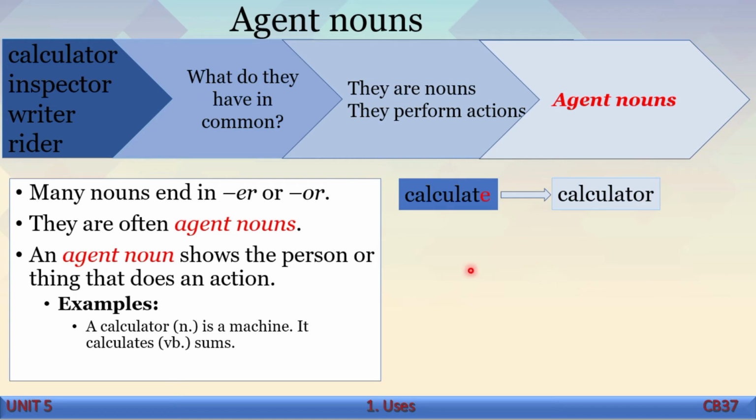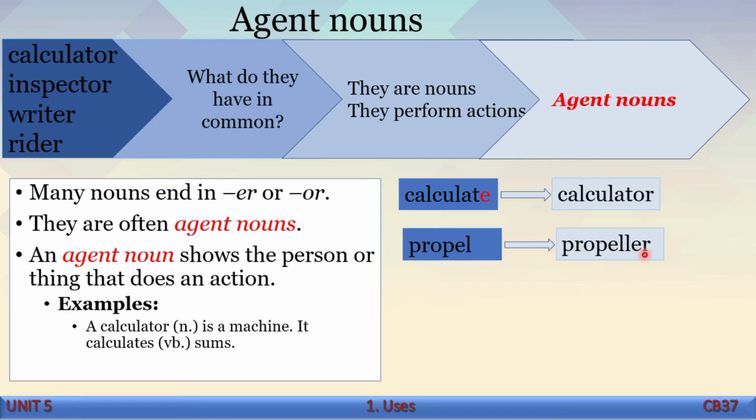Next, double the final consonant after a short vowel. For example, propel. This is a short vowel, so double the L. Propeller.